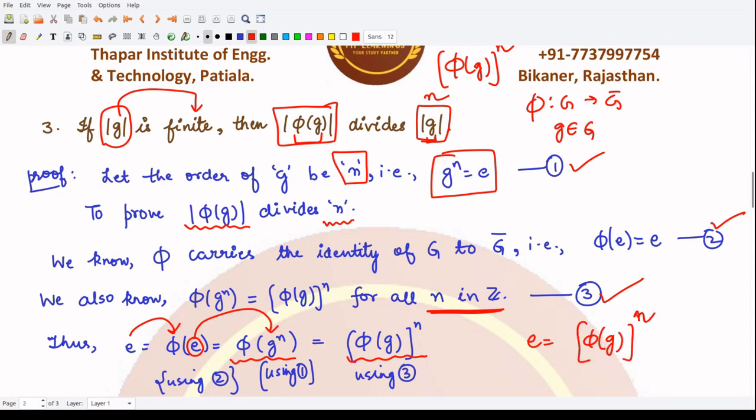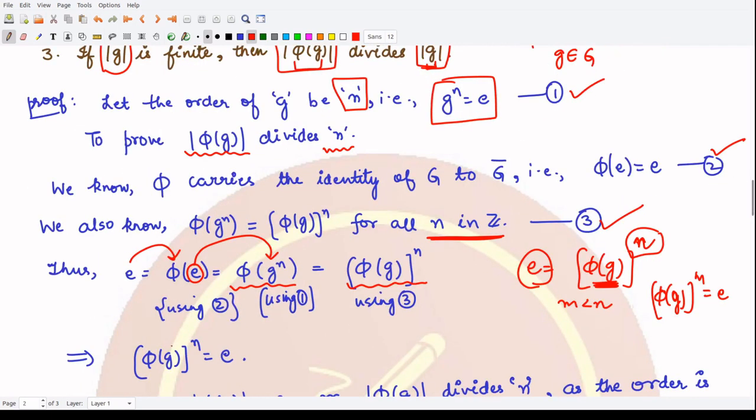Now if this n is the smallest positive integer such that when you take its power as n you get identity, then definitely n is the order. In that case n would definitely divide n. If that is not so, if you have some other integer m less than n such that phi of g raised to power m is equal to identity, in that case you would have m as the order, and in that case also m would definitely divide n.